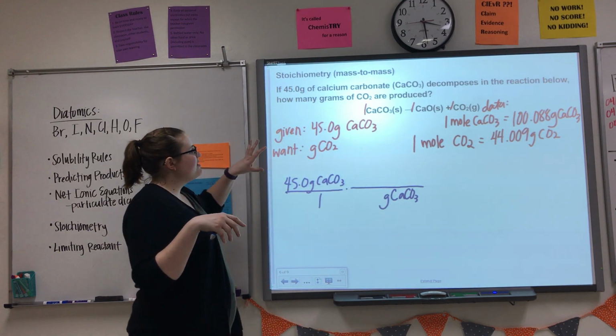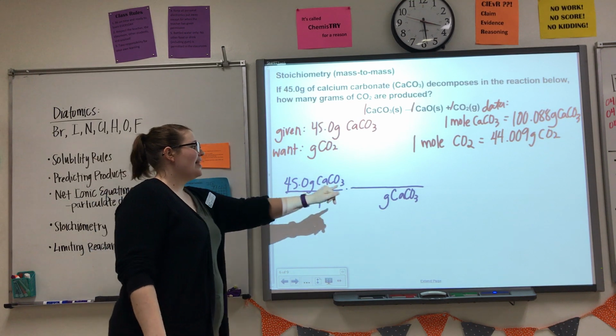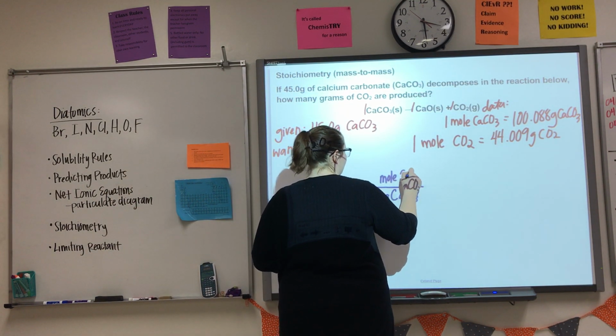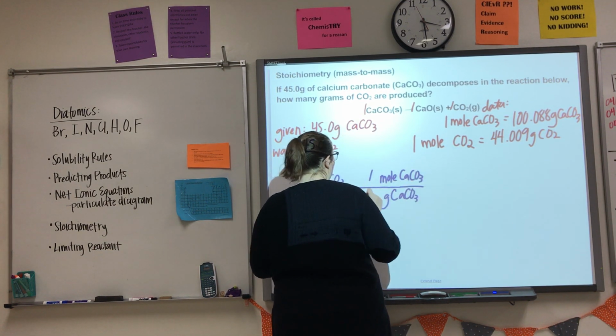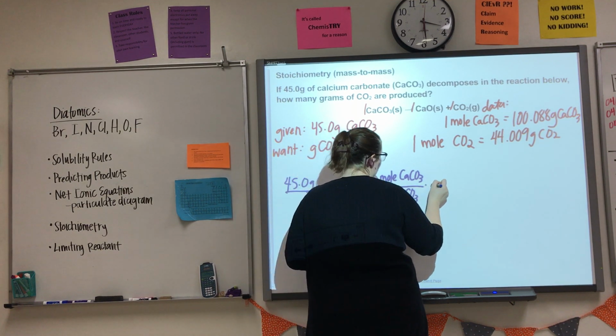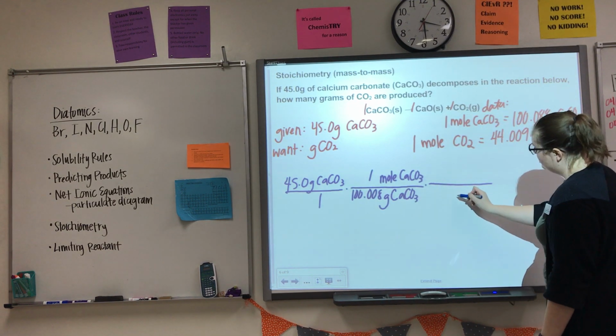And I have grams of CaCO3 and I want grams of CO2, so I have to go through the mole, and I happen to have a conversion factor that'll let me do that. Right up here, for every 1 mole of CaCO3, I have 100.008 grams of CaCO3.